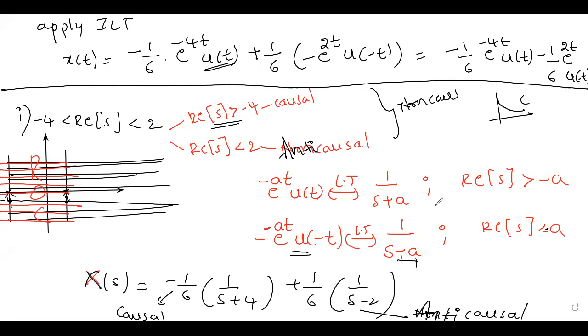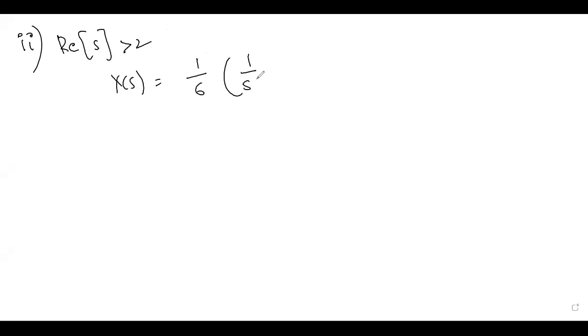Yes, ma'am. Okay, let us go for the second one. What is the second case given? Real part of s is greater than 2. Now see here, what is the x of s we have? Minus 1 by 6 into 1 by s plus 4, plus 1 by 6 into 1 by s minus 2.